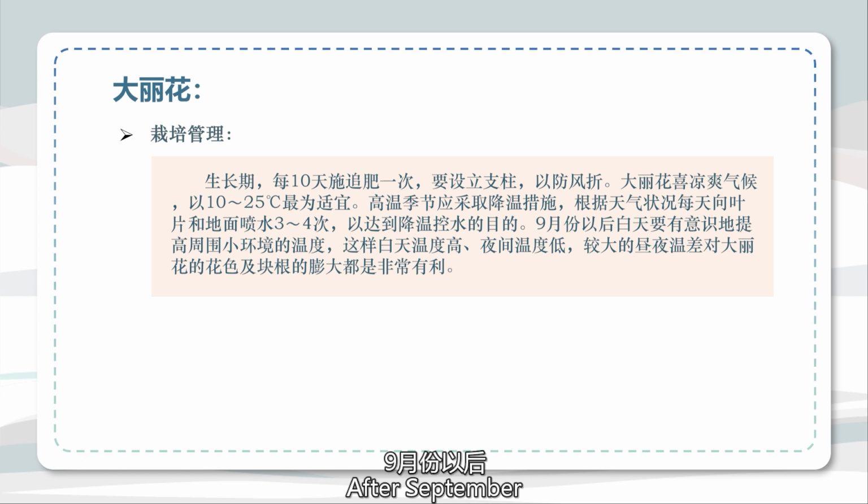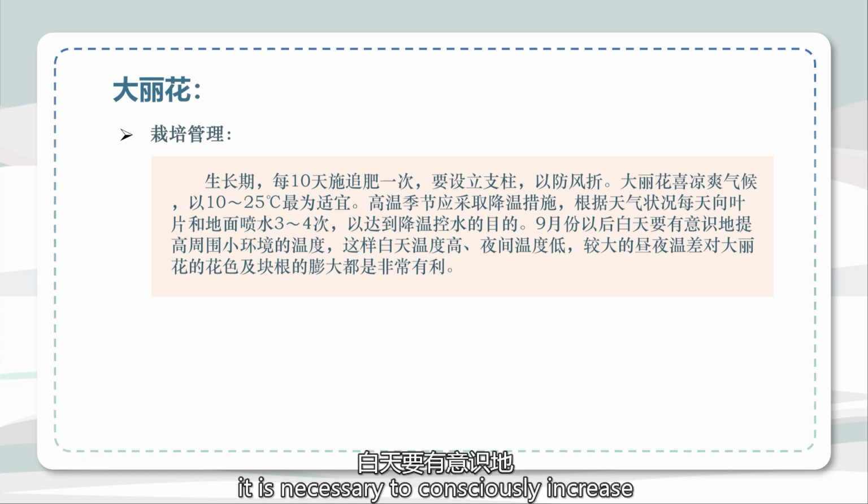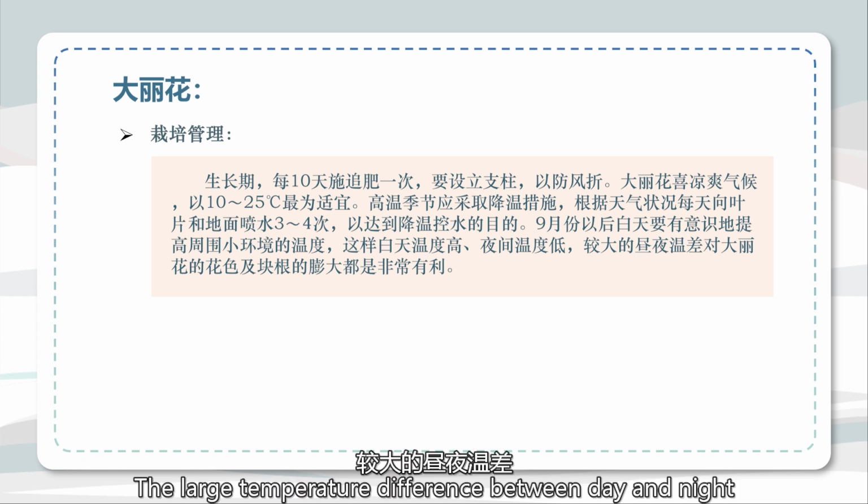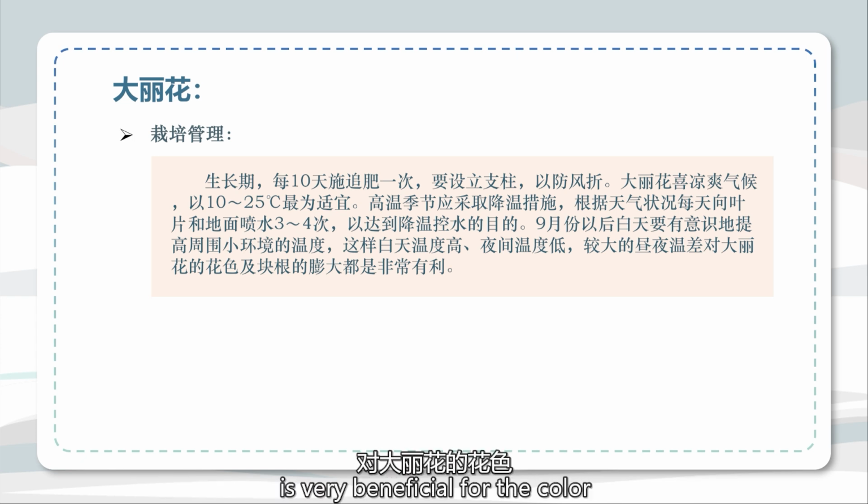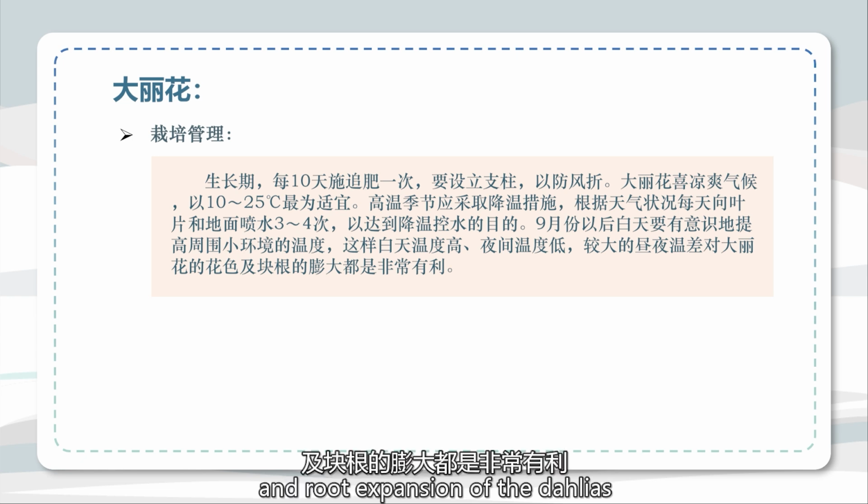After September, it is necessary to consciously increase the temperature of the surrounding environment during the day, so that the temperature is high during the day and low at night. The large temperature difference between day and night is very beneficial for the color and root expansion of the dahlias.